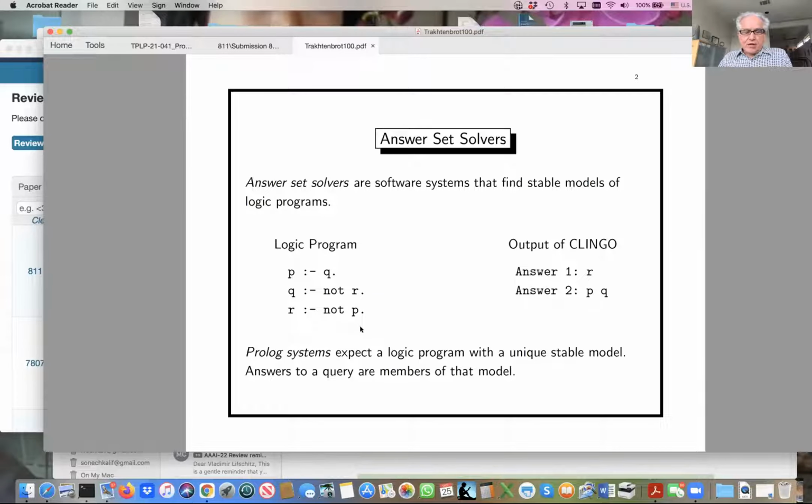And then what a prolog system expects, in addition to a logic program, is also queries. An answer to a query is a member of that unique stable model that has a special syntactic form described in the query. So that's where the difference is.